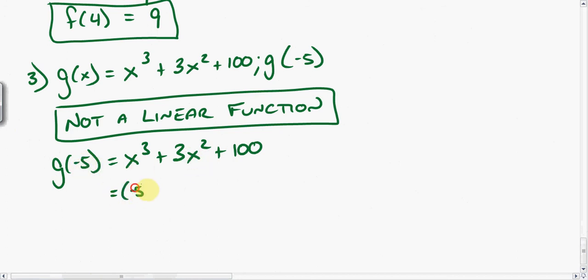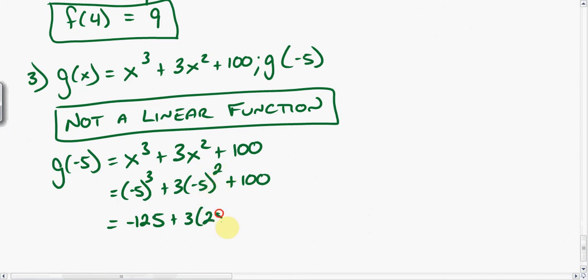So I've got negative 5 cubed plus 3 times negative 5 squared plus 100. Negative 5 cubed is negative 125, plus 3 times negative 5 squared, which is positive 25, plus 100.